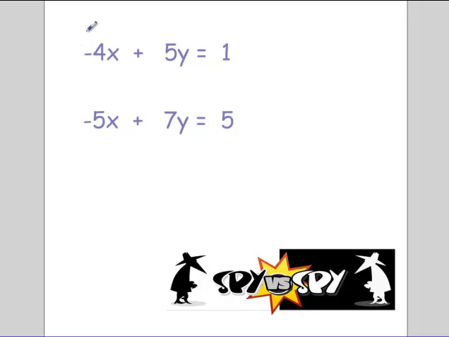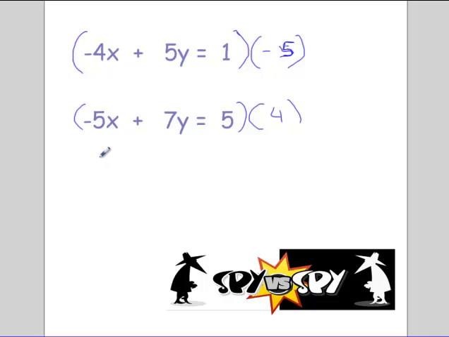And most students don't like fractions so much, so they are going to avoid them. So what we're going to do here is multiply this one by a -5. Why negative? Well, I actually want opposite coefficients for my x's so that they'll cancel out. I want to add, not subtract. Students don't make mistakes when they add nearly as often as when they subtract. This one I'm going to multiply by a +4.